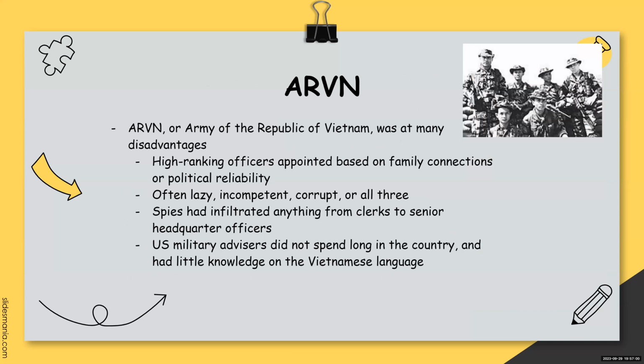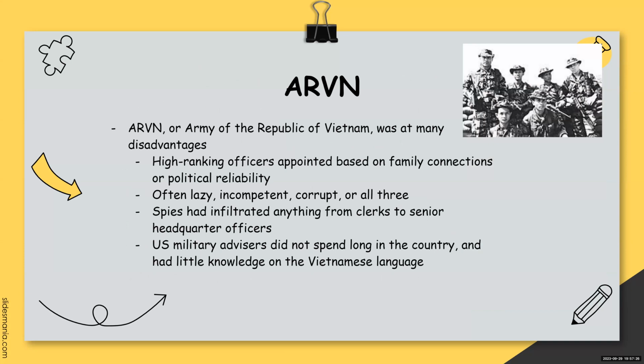All right, so the ARVN, or the Army of the Republic of Vietnam, was at many disadvantages. It was the army for South Vietnam. So first of all, the high-ranking officers were appointed because of family connections and political reliability, which are not the traits that you are looking for in a military officer.